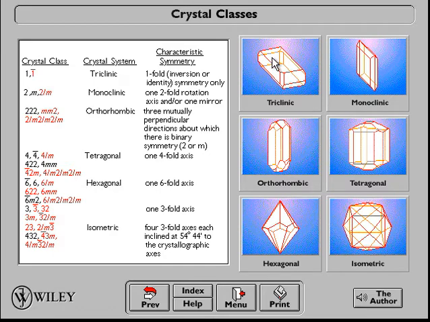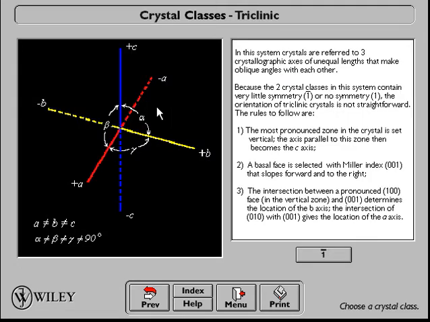We are clicking on it. And then we have here: A is not equal to B, and B is not equal to C. That means all 3 axes have a different length, yeah? And then the angles alpha, beta and gamma are all different and they are not 90 degrees, yeah?